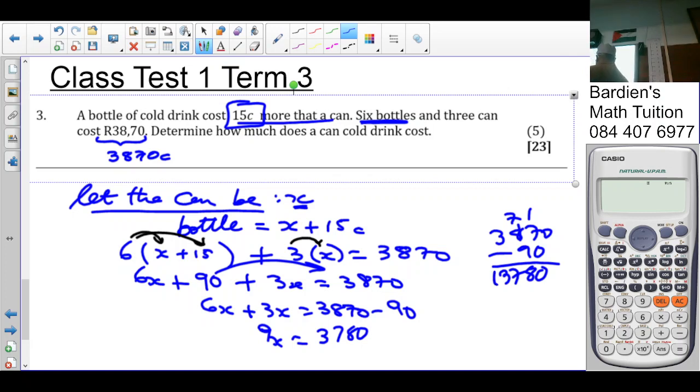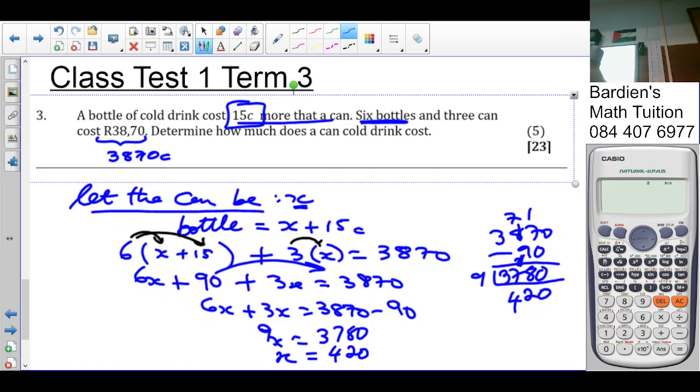3780 divided by 9. 9 goes into 37, 4 times, so that's 36, carry 1. 9 goes into 18, 2, 0. So in other words, x is equal to 420 cents.